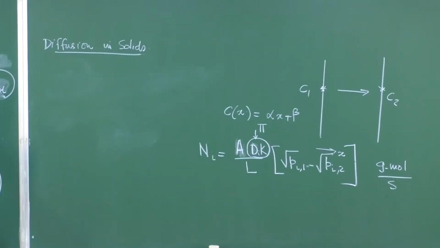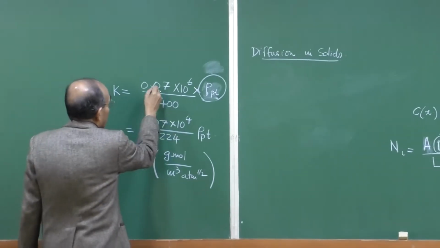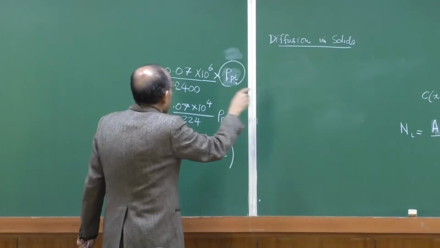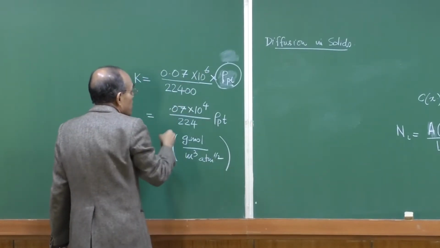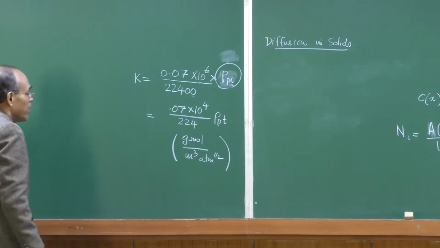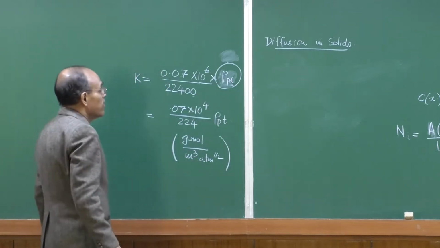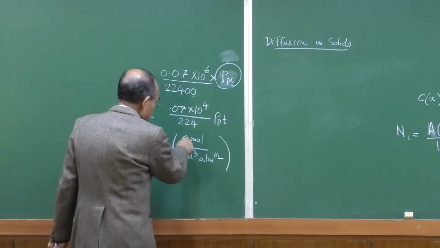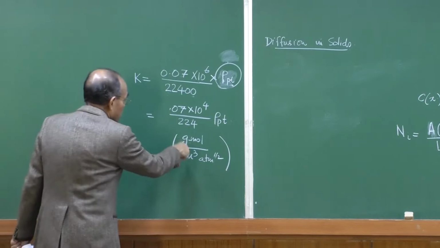So, the conversion of the given unit: this is given 0.07, which is written here, and I have centimeter cube to meter cube, so I have multiplied it by 10 to the power 6, and this is the conversion of volume at STP to gram mole, and then we have to multiply it by density to get a meter cube. This is the final dimension of the whole thing that you can get.